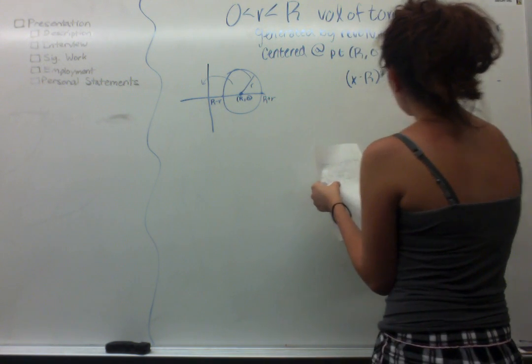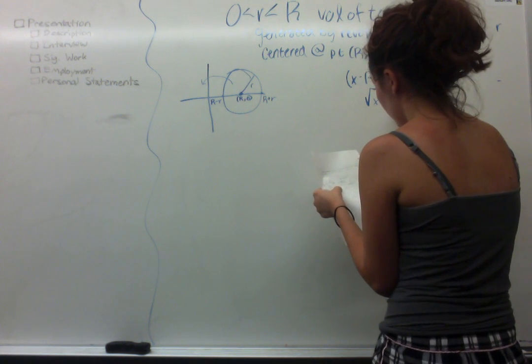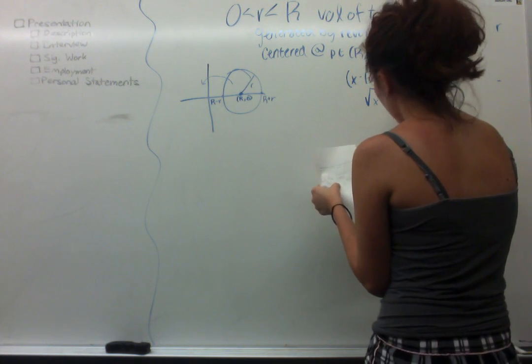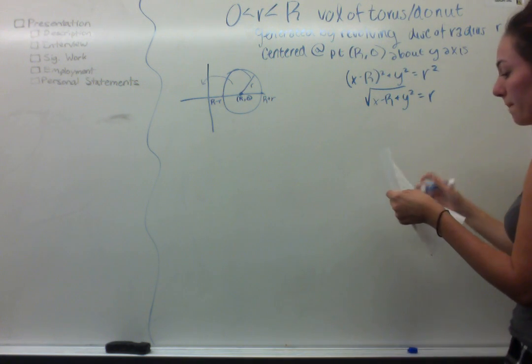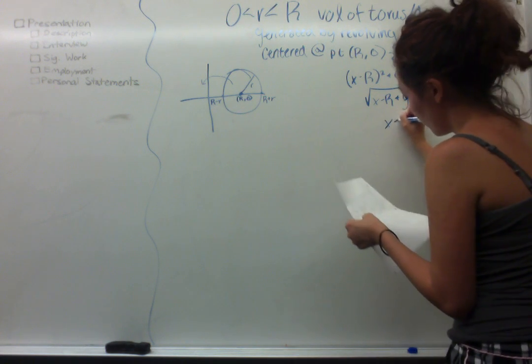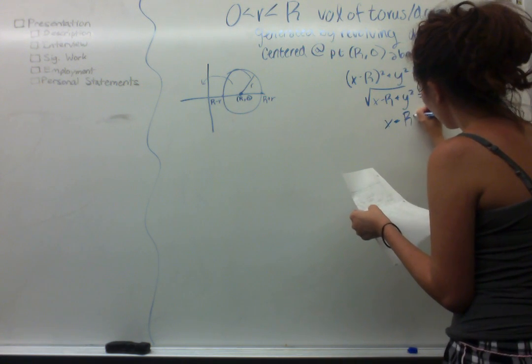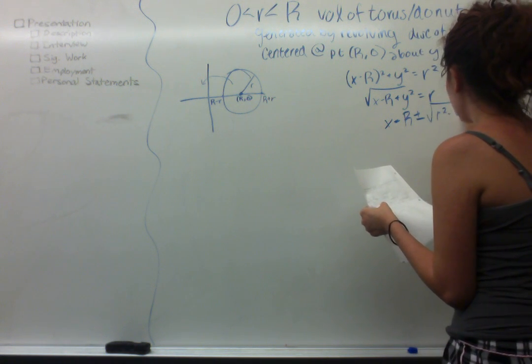So if you take the square root of both sides, you get x minus R plus or minus the square root of y squared... equals r. And now you get x equals big R plus or minus the square root of r squared minus y squared.